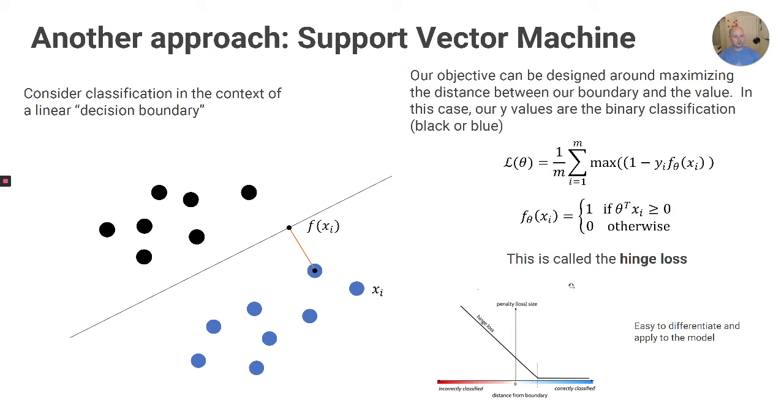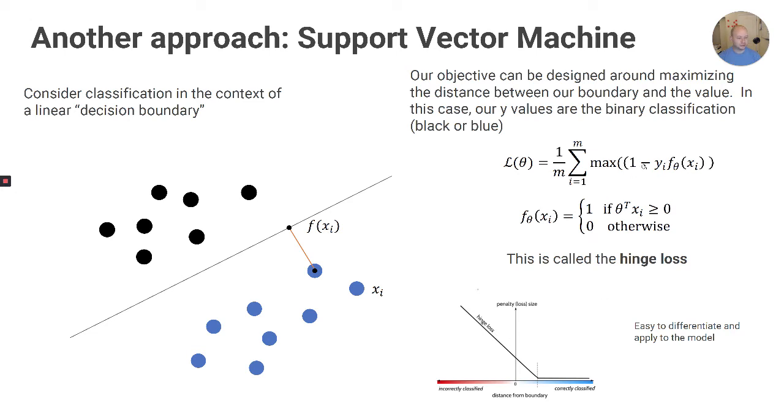I'm kind of slaughtering the explanation of the support vector machine, but the intuition here is that if we've correctly classified the value, then we're going to have a loss of 0. And if we've not correctly classified it, we have a loss of not 1, but the distance from that particular decision boundary.